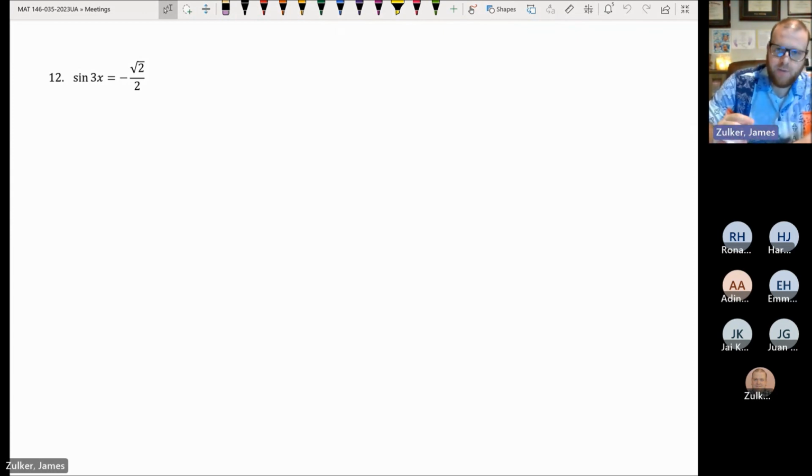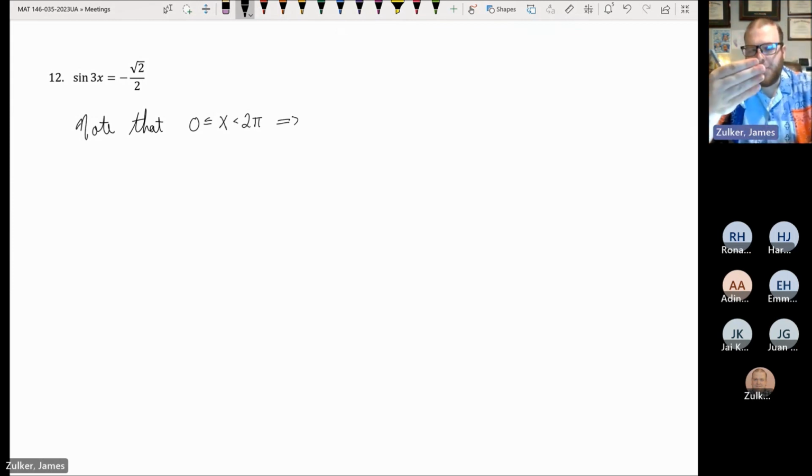First, remember we want solutions to be between 0 and 2 pi. Multiply that entire inequality through by 3. And we want 3x to be between 0 and 6 pi.